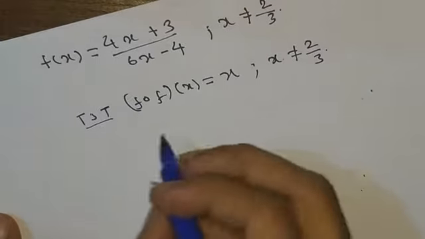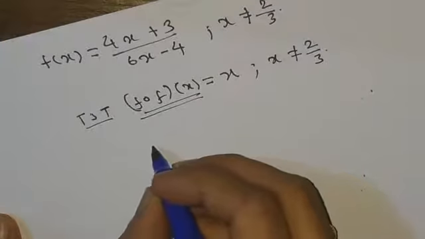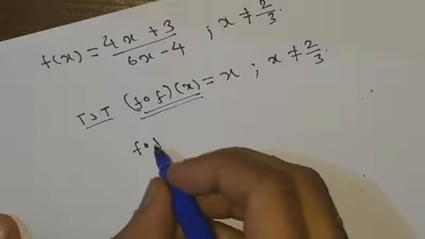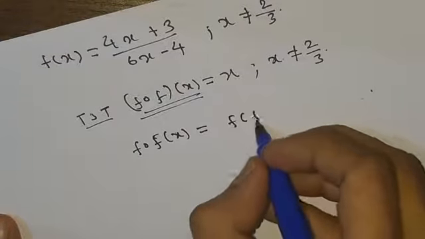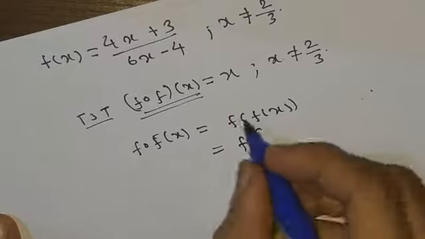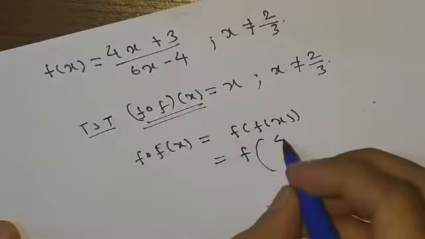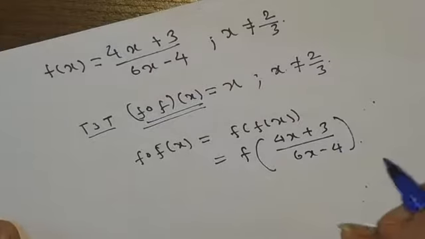So we just have to calculate the left hand side and show that it is equal to the right hand side, which is x. So f composition f of x, you know by definition, is equal to f of f(x), which is equal to f of (4x plus 3) divided by (6x minus 4).